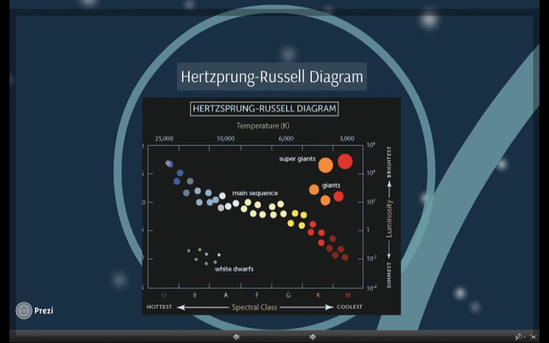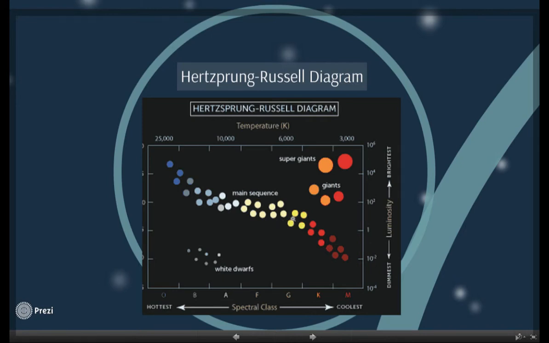So newer, younger stars tend to be really, really hot, really bright, and more blue in color. And as they age, they tend to get dimmer and they become more yellow or red in color. Now, our star is right about here in the middle of the main sequence spectrum.